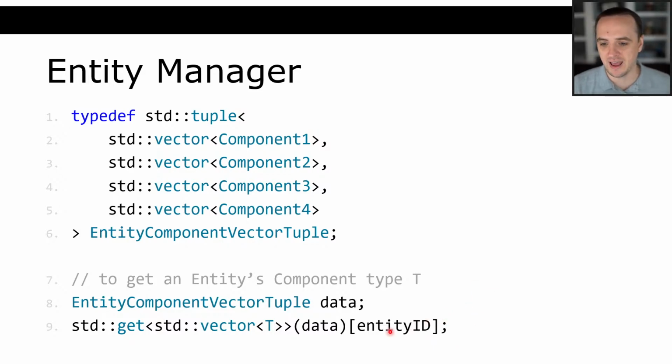So if I want to get access to, say, the transform of the entity with ID 4, then I would say std::get<std::vector<CTransform>> of the data, indexed by the entity ID. It's really cool. It just lets us do that for free.